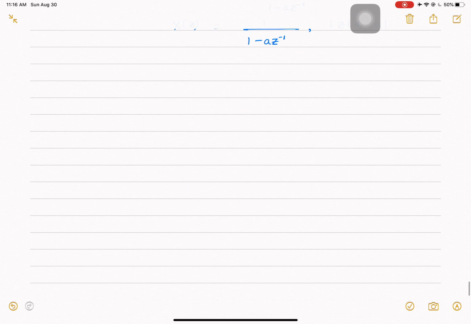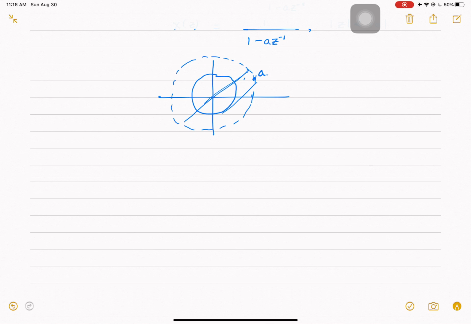If you draw the region of convergence on the z plane, this is the unit circle. Now suppose this is some A. The region of convergence is this, mod z less than mod A. So what is mod z?